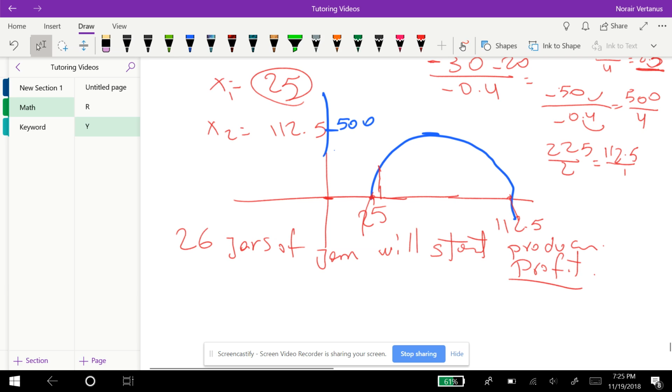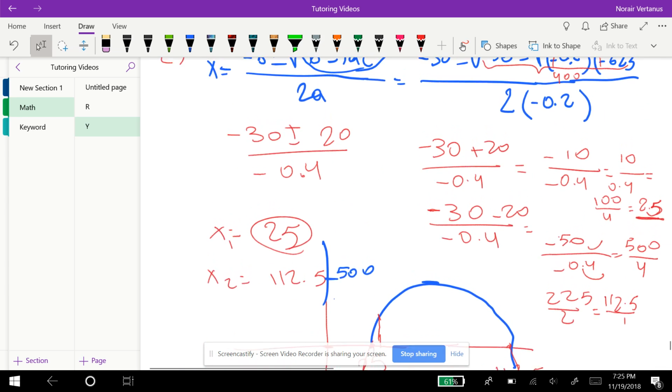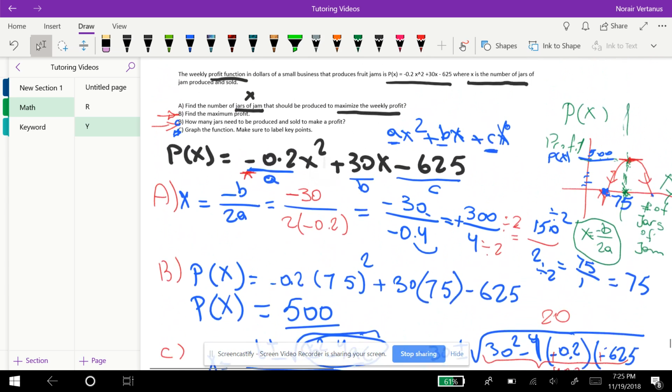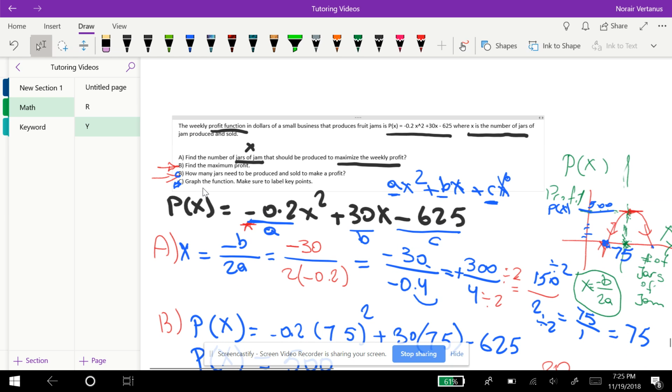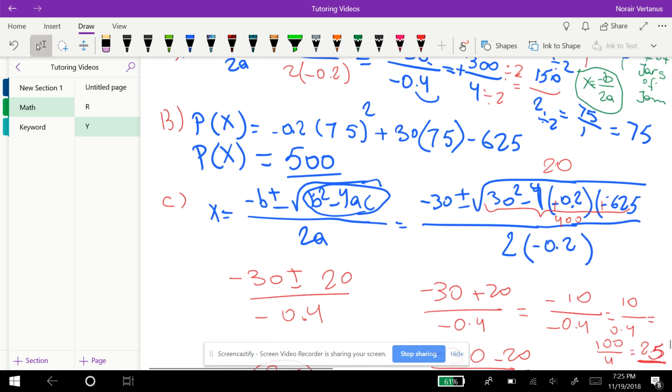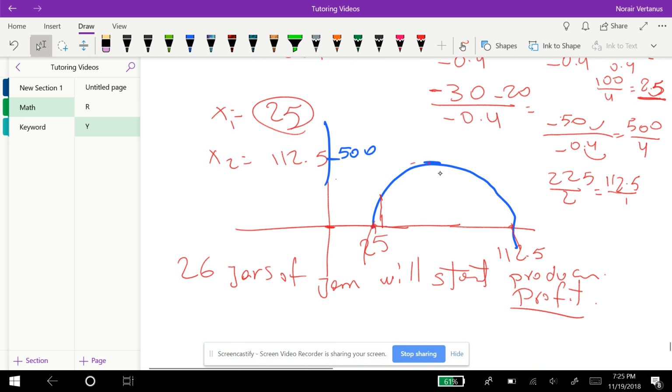Now the next part of this problem says graph the function. I already did that. Make sure to label key points. One of the key points is the maximum profit. The other key point was negative b over 2a, which was 75.